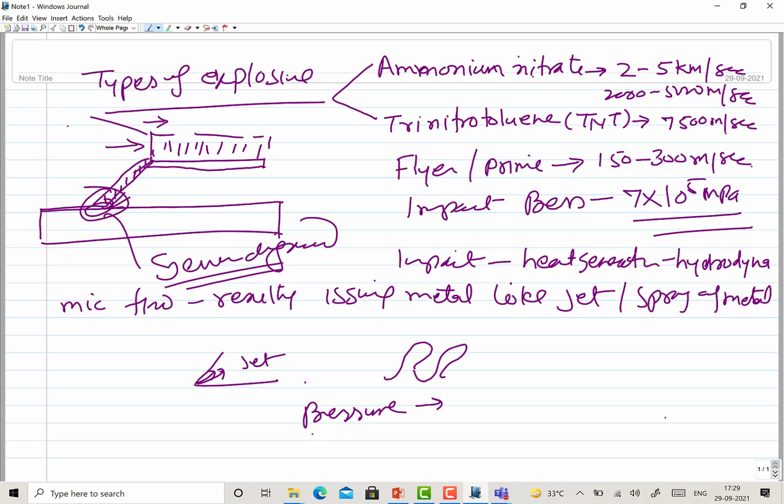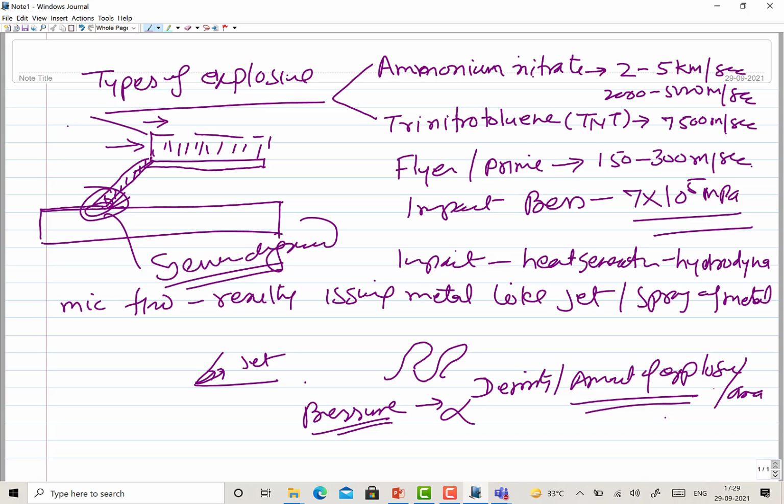So the pressure being generated at the interface is a function of the amount of explosive. It's not density; density is about the amount of explosive per unit area that has been applied. So basically the pressure is directly proportional to the amount of explosive being applied, and it is also proportional to the square of the detonation velocity that is realized.